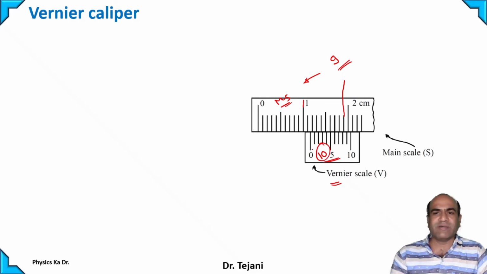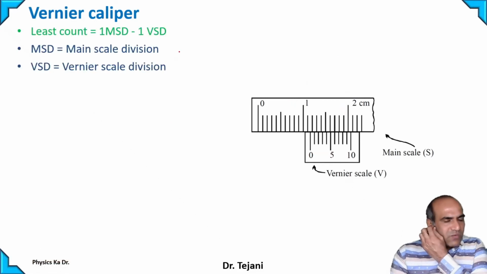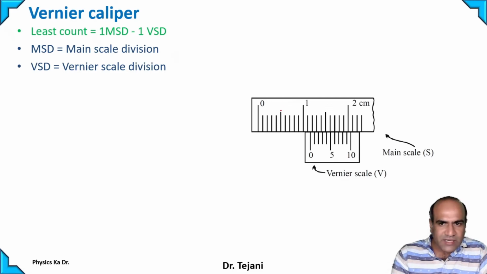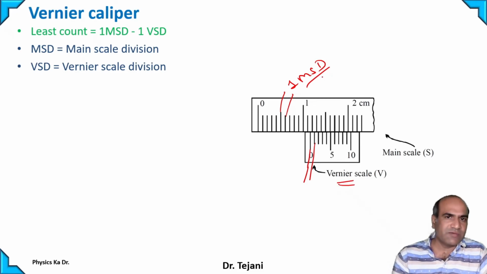So each division has a shorter length. Least count is equal to 1 main scale division minus 1 Vernier scale division. We know that the Vernier scale division is smaller than the main scale division, so we can find the least count.